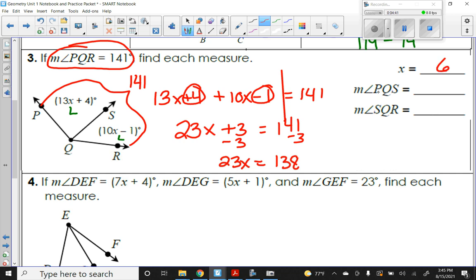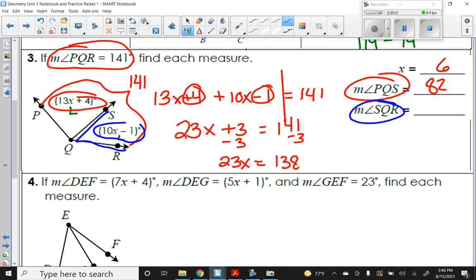And if I wanted to get PQS, it's now 13 times 6 plus 4, and that would be 82. SQR is right there. Now it's 10 times 6 is 60 minus 1 is 59. So there is me plugging my variable in and finding that measure.